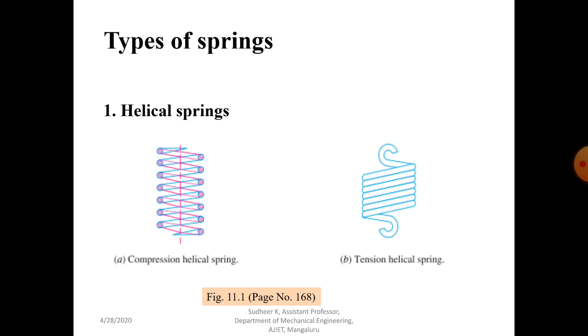It also has high reliability, and the deflection of the spring is linearly proportional to the force acting on it. That is one of the characteristics of helical spring. Due to all these advantages, helical springs are most popularly and extensively used in various applications.